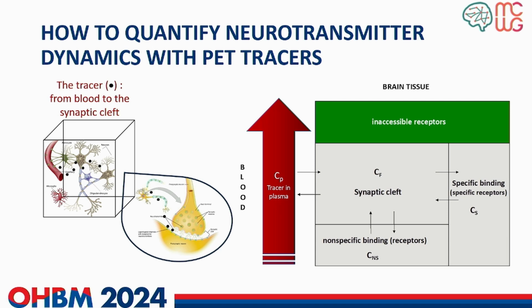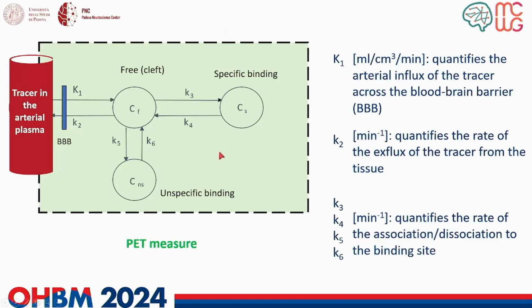There are several types of models that we can use. In PET, we normally use a compartmental model, so each piece of the scheme is translated into one compartment. You cannot see it, but we also have differential equations: every compartment is described by one first-order differential equation.